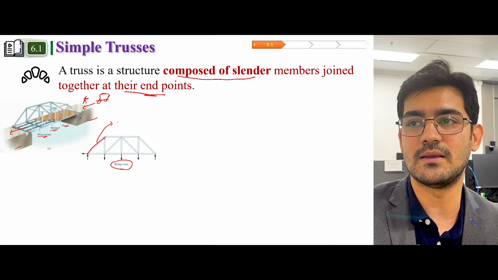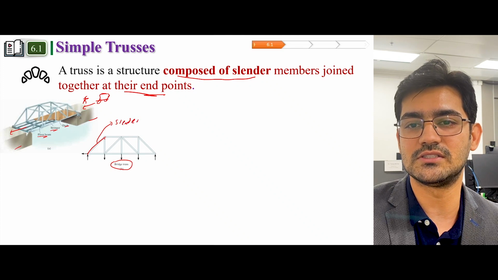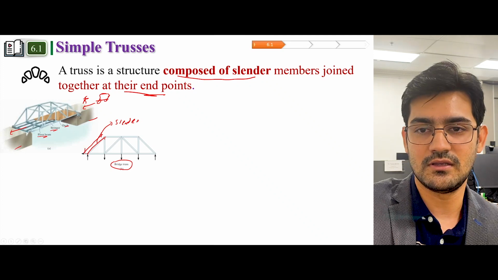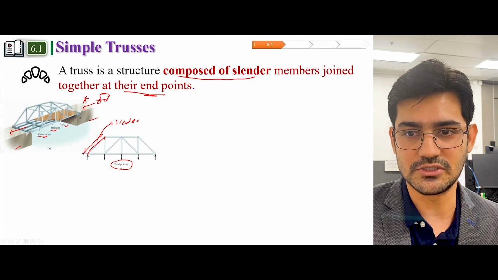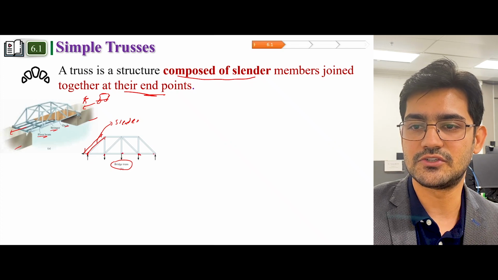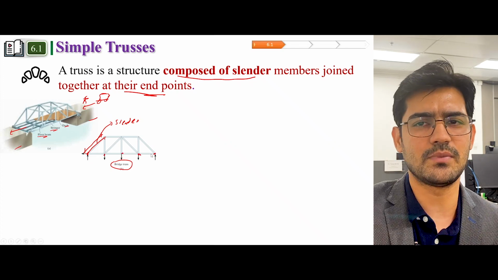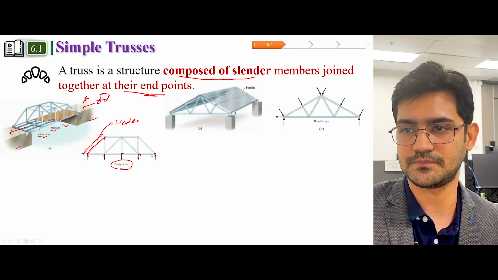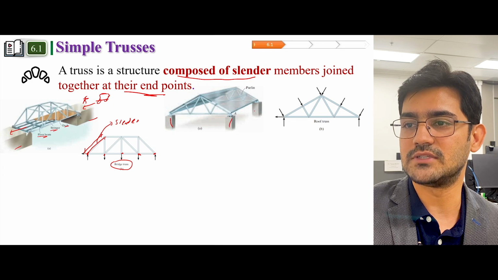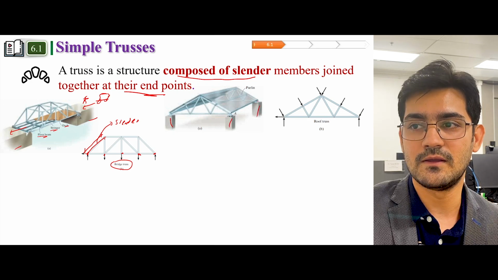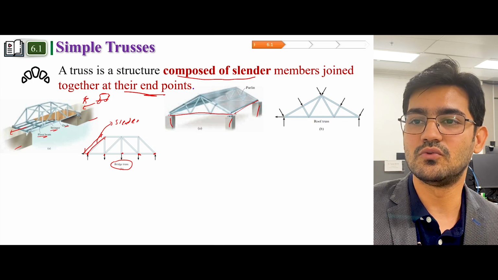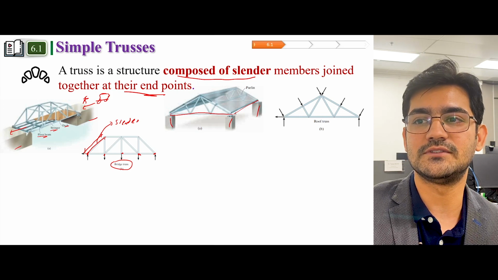This is an example of a slender member because it has one dimension which is comparatively longer than the other two dimensions, and these are the joints from where it's transferring the load. So this is an example of a simple truss. This is also an example of a truss. There are 3 columns, and these columns support this roof, and this roof is also made up of a series of trusses.